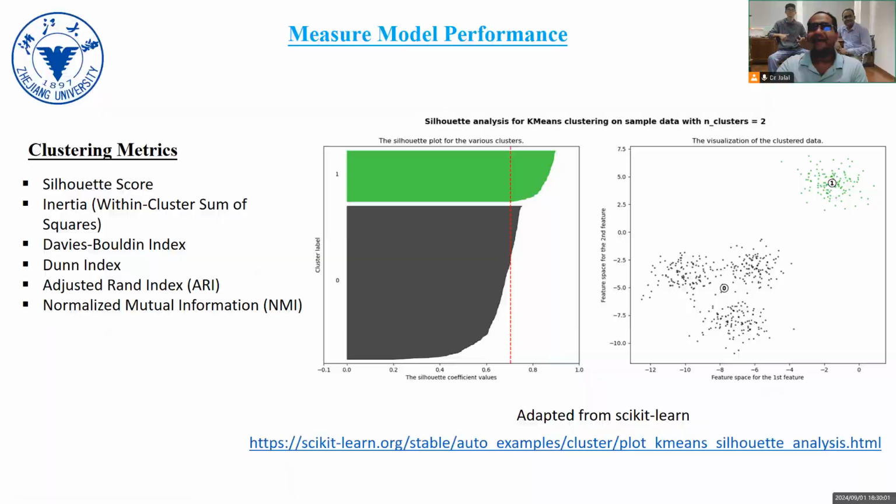Then for clustering, the most important thing is you need to select the optimum or appropriate number of clusters. We use different types of metrics to evaluate. To find the optimum number of clusters, we use log likelihood, sum of squared error, or silhouette score, etc. There is an example in scikit-learn, a Python example, silhouette analysis, here showing two clusters.